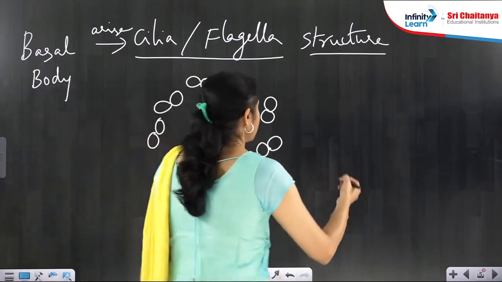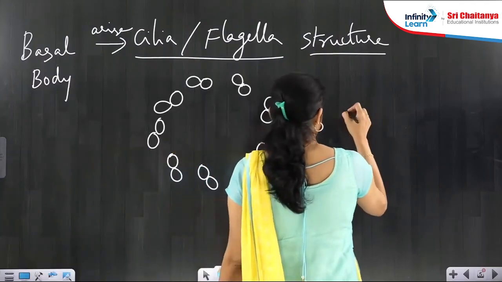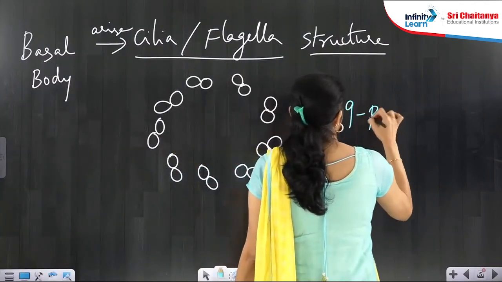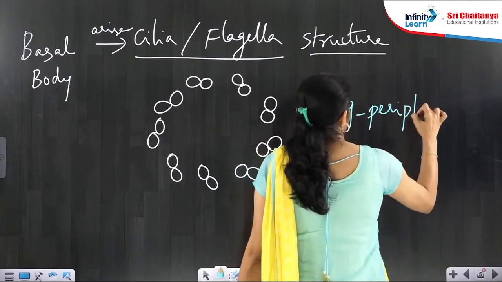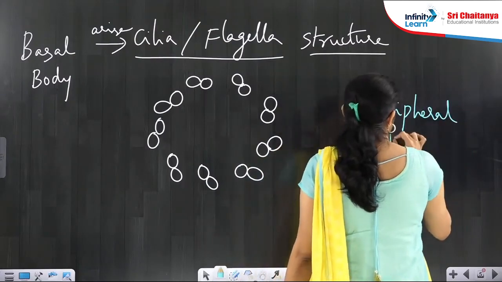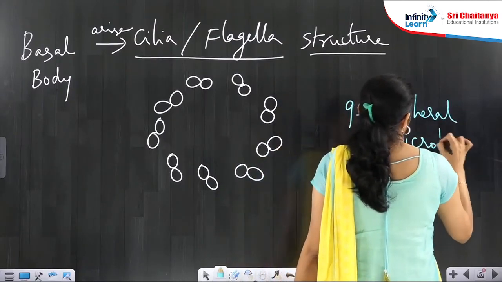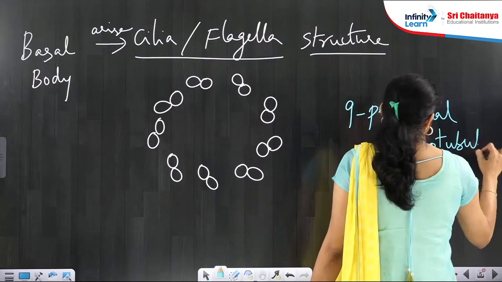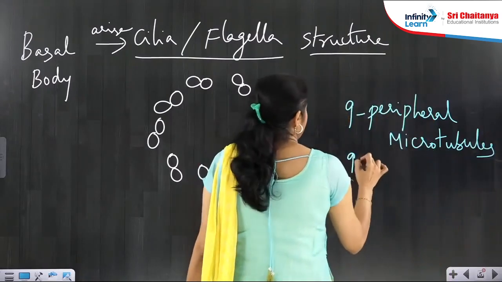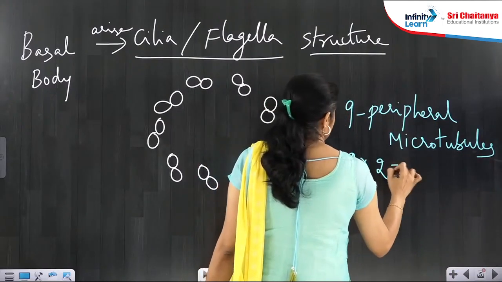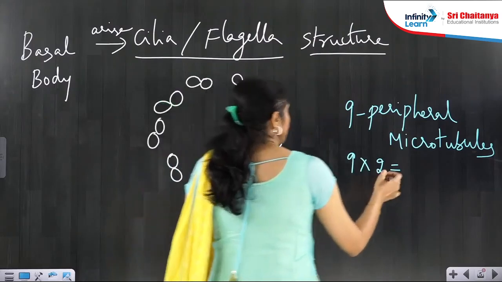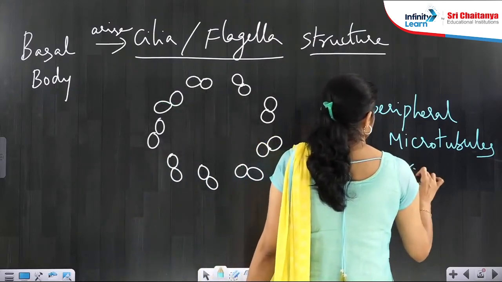These are called peripheral fibrils or peripheral microtubules. 9 peripheral microtubules will be there, but all of them are doublets, 9 twos. It is called a 9 into 2 arrangement or array.